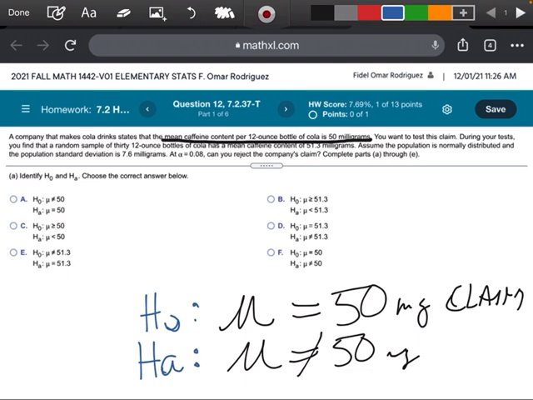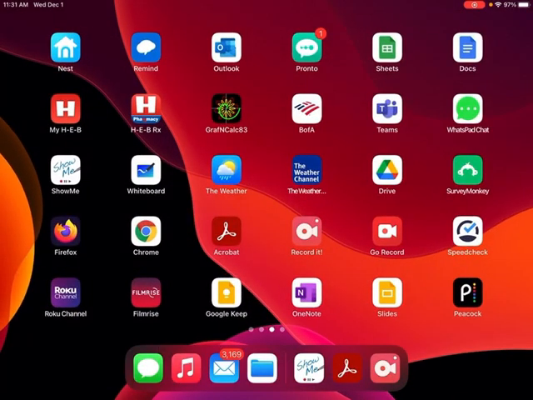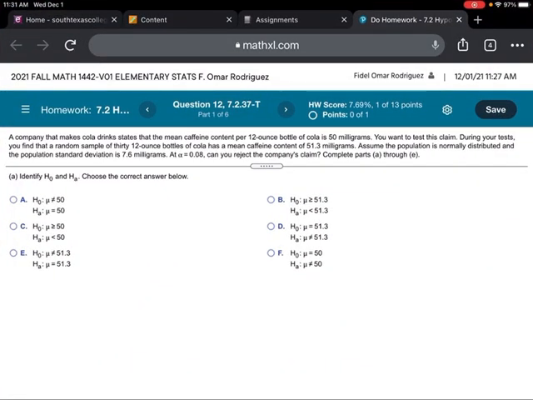So now I'm going to see if I can figure out, of my choices A, B, C, D, E, and F, which is the null, the H0, and which is my alternate, the Ha. Before even reading the entire problem, I'm going to do that because that's what it's asking me to do in this first part right here. So we want the H0 to be equal to 50 and the Ha to not be equal to 50.